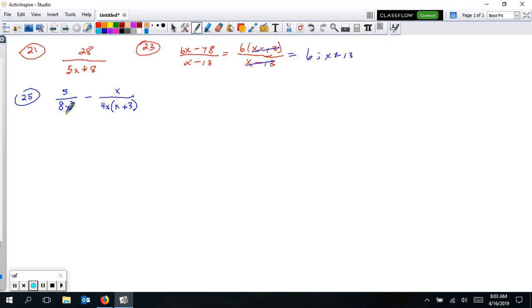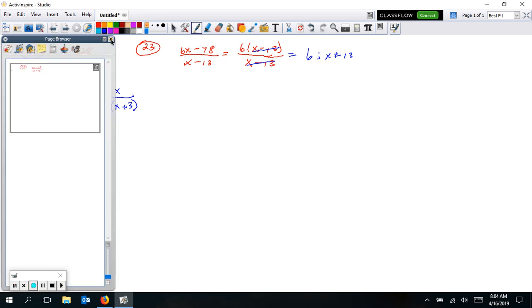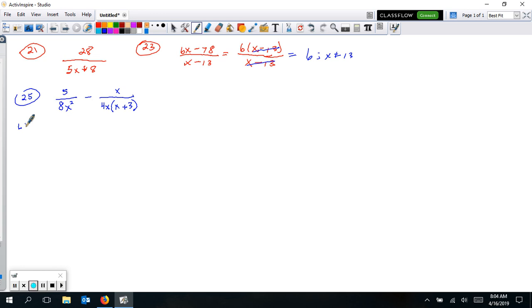So now I'm looking for kind of an LCD with these two denominators. So we have monomials. This is a monomial, the 4x is a monomial. So we want to count most. LCD, what's the LCD here? So as far as most for 4 and 8, well 4 can go into 8, so we're definitely going to have 8 as an LCD for this monomial.